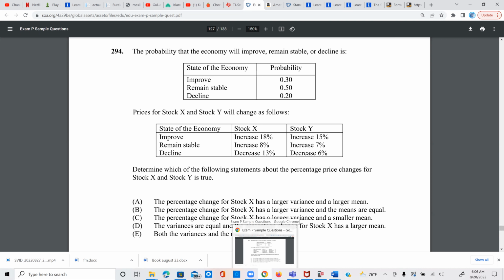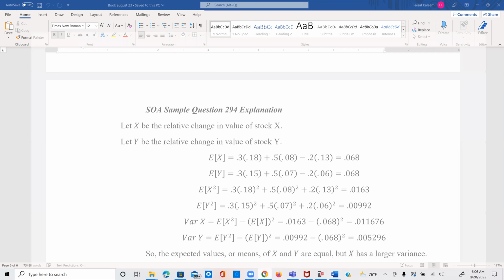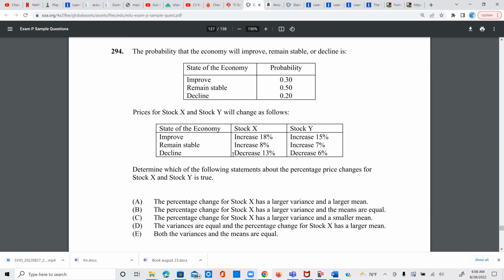So, as we said, let X be the relative change in value of stock X, Y be the relative change in value of stock Y. So E of X from this table would be, the stock X could increase 18% if the economy improves, which means it is a 0.3 probability that it will increase 18%, and then 0.5 probability that it will increase 8% in case of stable economy.